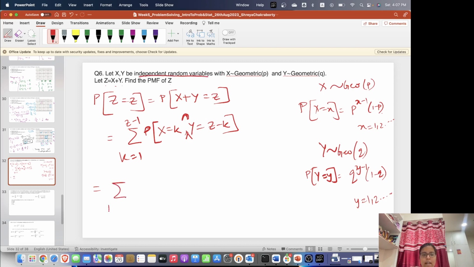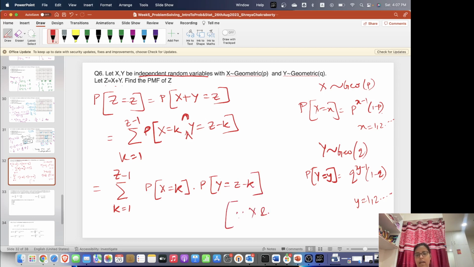So we can write it as summation k equal to 1 to z minus 1 probability x equal to k into probability of y equal to z minus k, since x and y are independent.